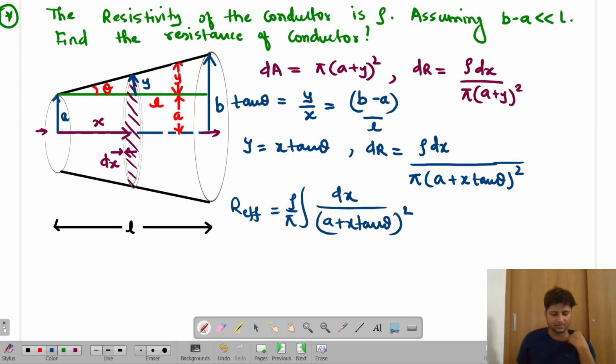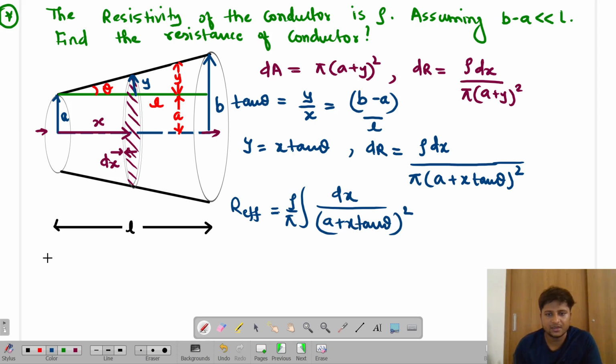Are you able to get me or not? Do you know the integration form of this? a plus x tan theta can be treated as u, but it is of no use because tan theta is also a constant term.